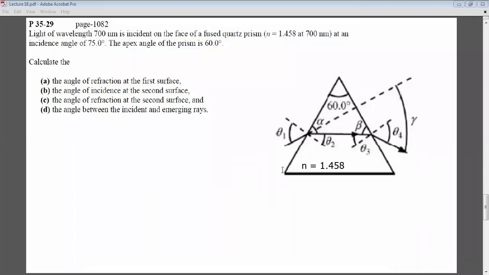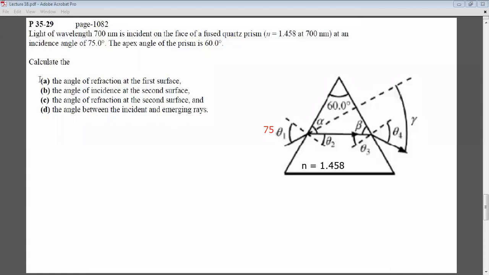At an angle of incidence theta initial equals 75 degrees. So this angle here is 75 degrees, the angle with the normal. The apex angle of the prism, that is this angle over here, is 60 degrees.